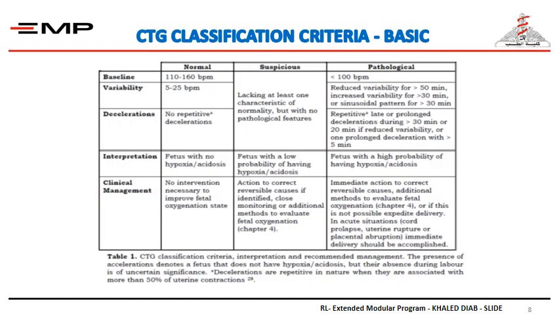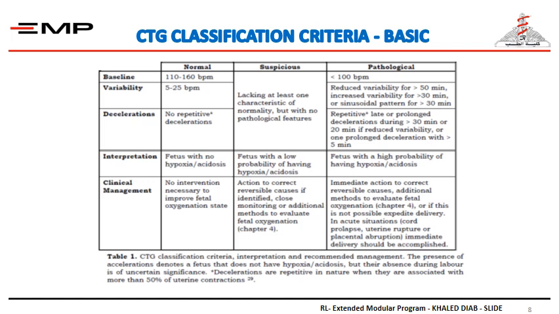The following table shows CTG basic classification and their possible line of management. Newer and more complicated classification is currently available. The student is encouraged to understand the basic criteria and management. The following 2 slides will present the latest classification.